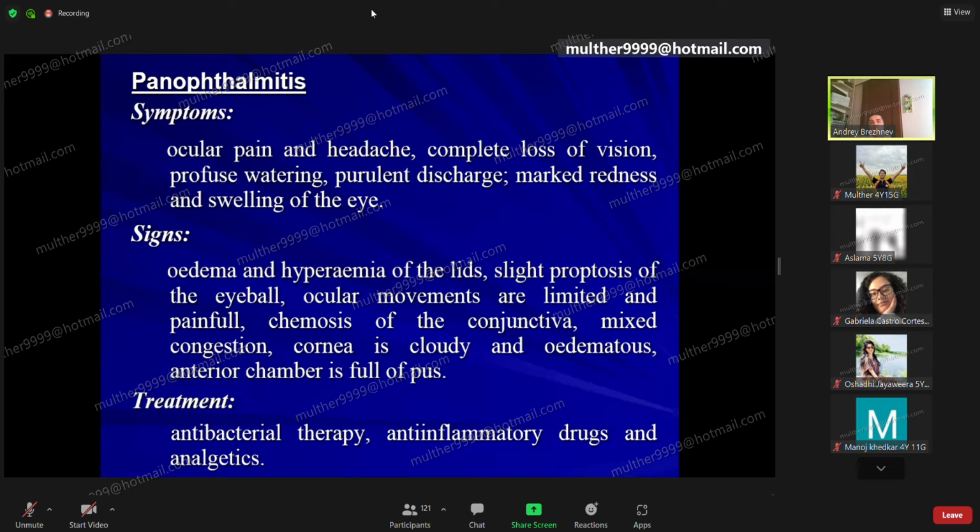In case of evisceration, we remove only the contents of the eyeball and leave the outer coat, the sclera. So after such a surgery as evisceration, the eye looks like an empty sac consisting of only the outer fibrous coat, the sclera, and that's all.